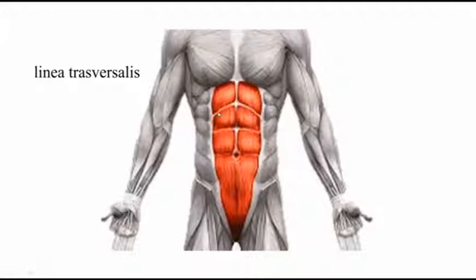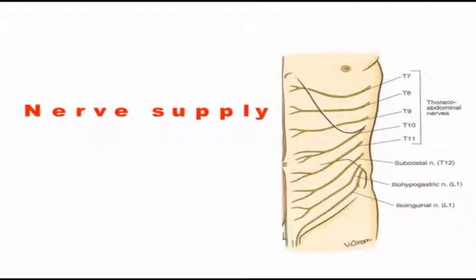This is called the transverse, and on the lateral side, as you can see, this dense connective tissue runs a bit laterally, or you can say that it is running in the sagittal plane. This line is called the linea semilunaris.